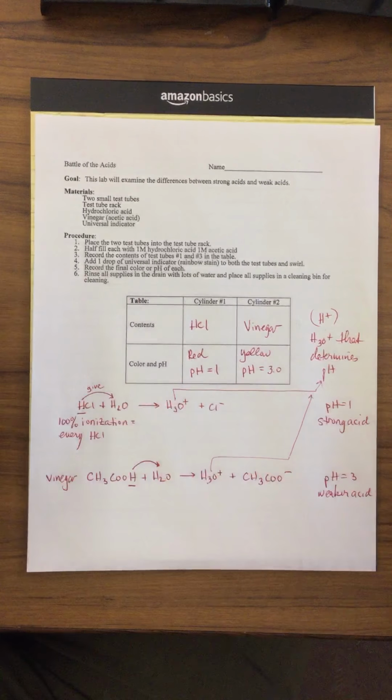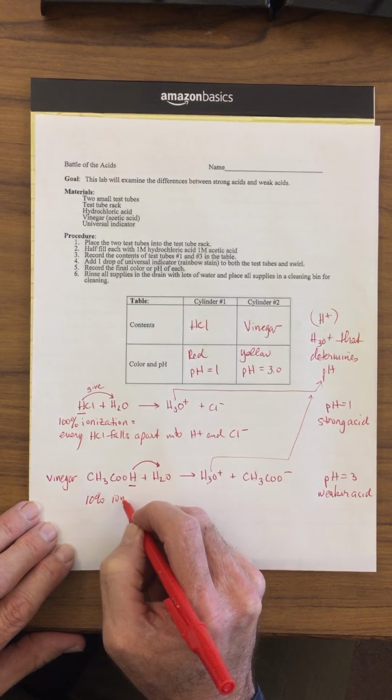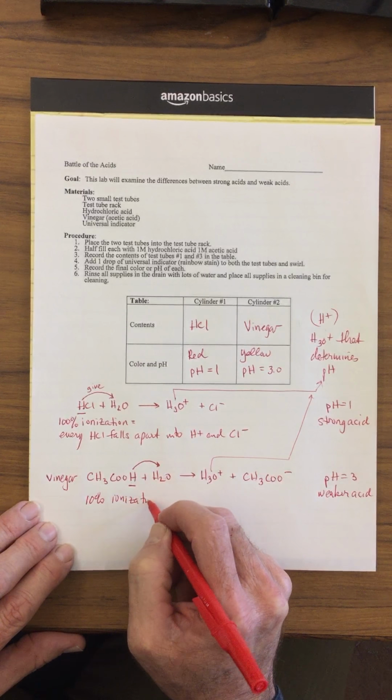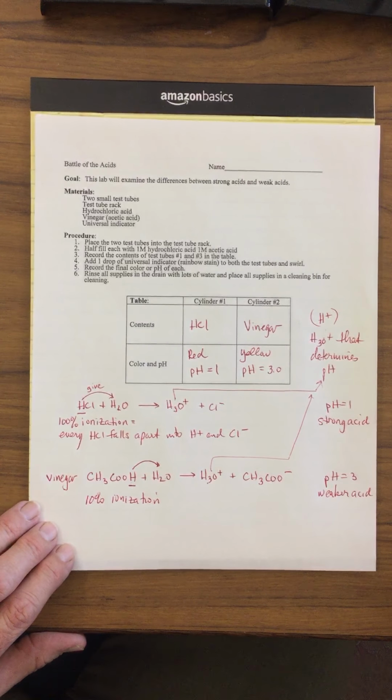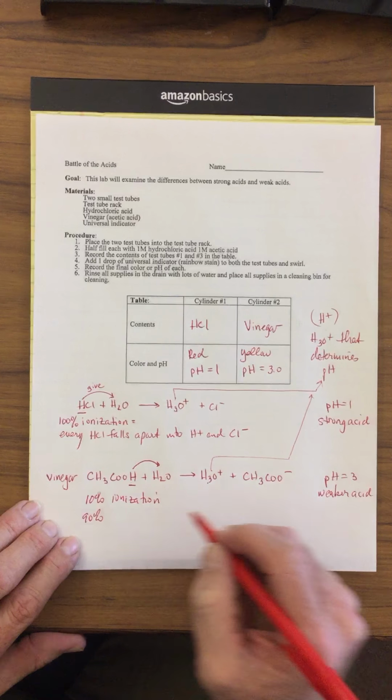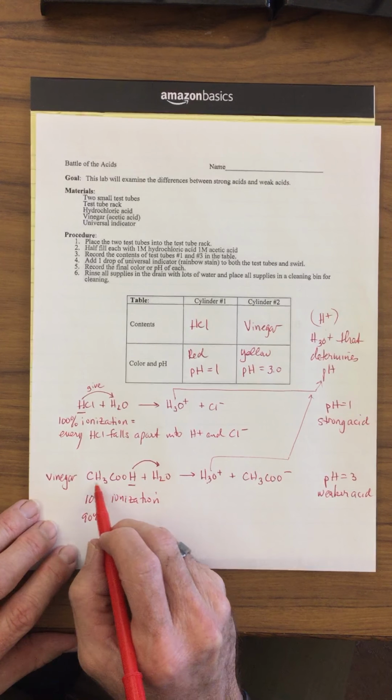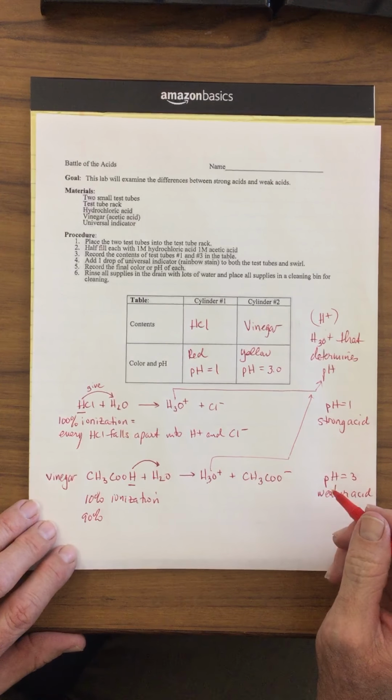However, vinegar is not the same. What happens here is you only get about 10% ionization. What does that mean? Well, it means that 90% of this molecule stays like this.